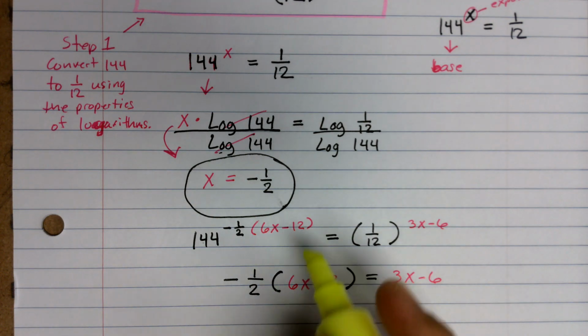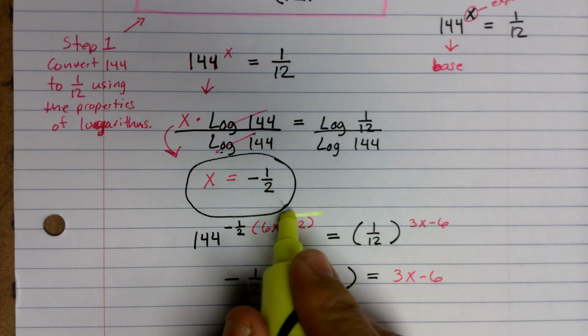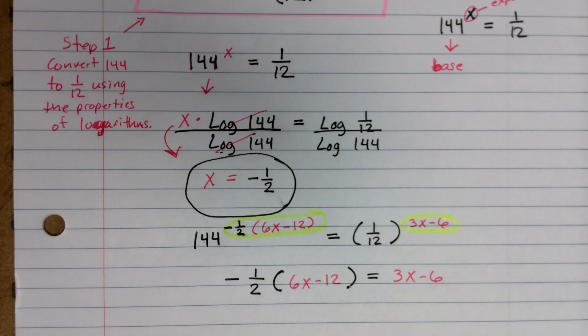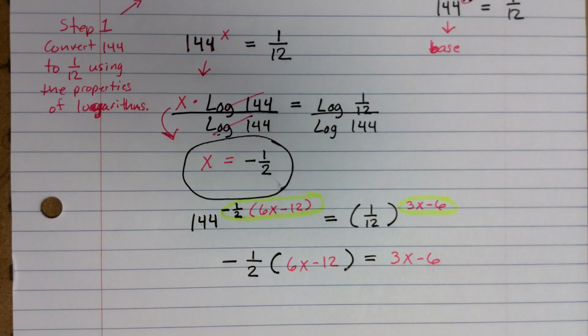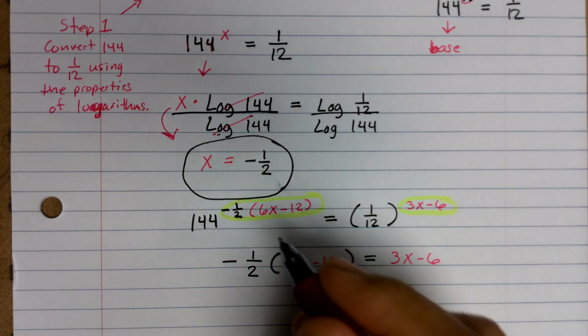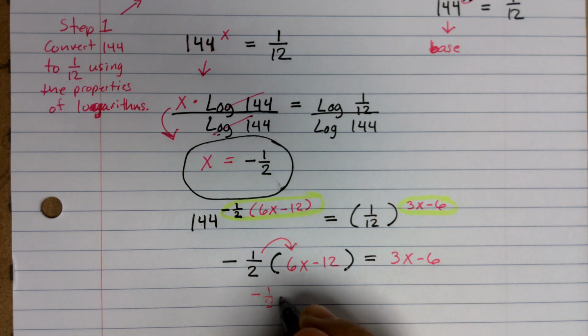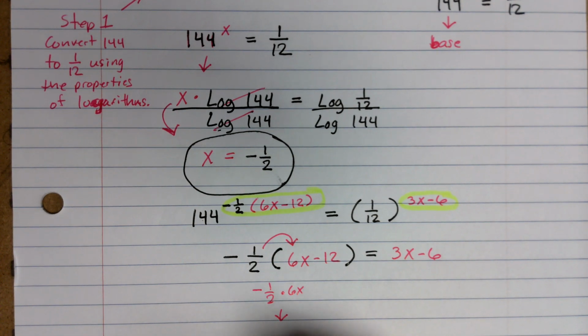In other words, this expression is equal to this expression. And I just got to distribute and solve for x. So I'm going to multiply negative 1/2 times 6x, and that's going to give me negative 3x.